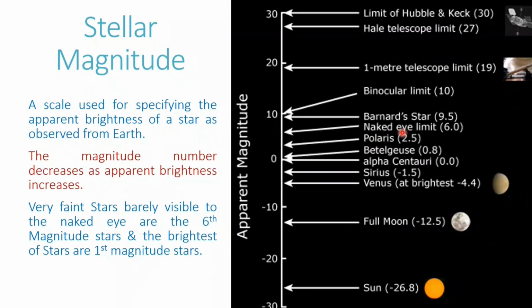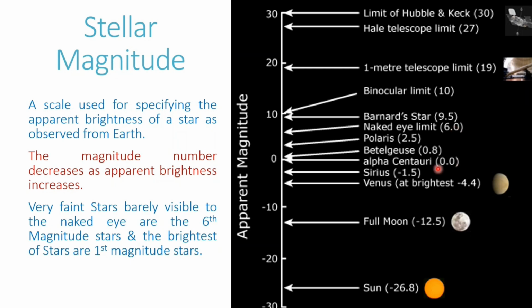Now the limit of the naked eye is stellar magnitude 6.0. These stars with magnitude 6.0, very faint stars, barely visible to the naked eye, are also called sixth magnitude stars.